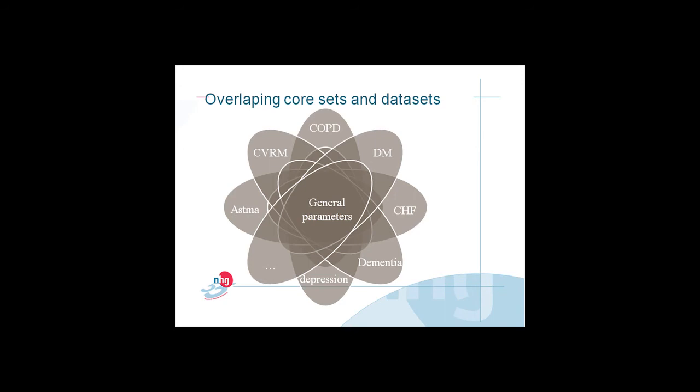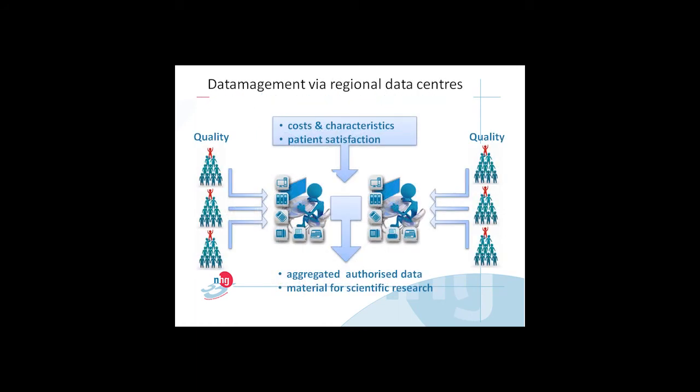So we start with general parameters, and every disease will have its own indicators that are specific for that disease. In our idealistic plan, we think that you have these quality measures that should come from the left and the right, from the practices and care groups, by data extraction, which have to be authorized, which have to be correct, which have to be checked on good registration, etc.